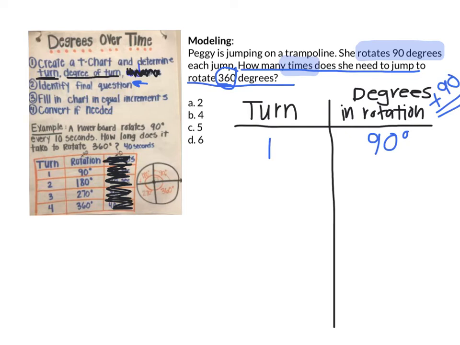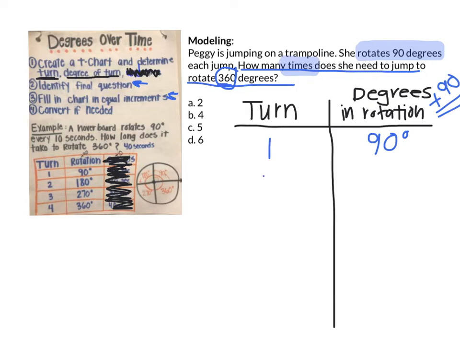So my answer is going to be in how many turns or how many times it takes to rotate. Next up, step 3. Step 3 tells me to fill in my chart in equal increments. So when it says equal increments, it means I'm adding by the same thing each time. So in this case, we're adding 90 degrees each time.